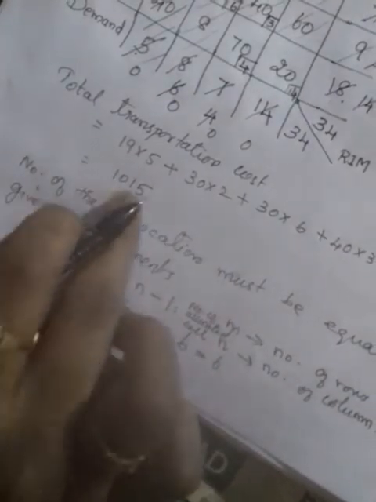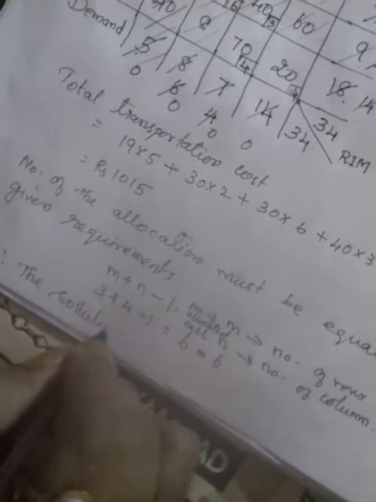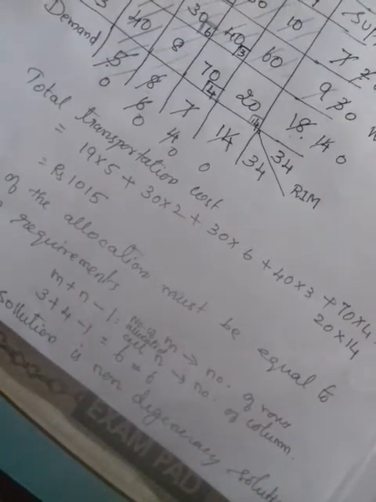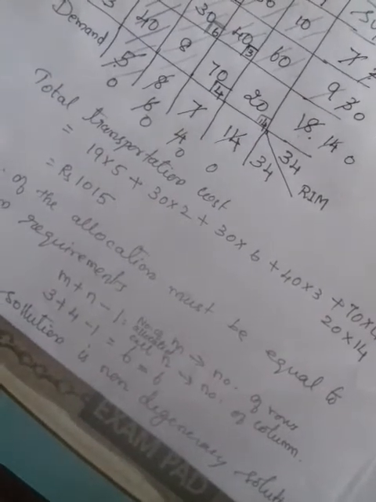Therefore the solution, rupees 1015 is a non-degeneracy solution. There is a degeneracy problem also in the transportation problem, like we found in LPP, no? Similarly we have a degeneracy problem also, we'll see in future videos.